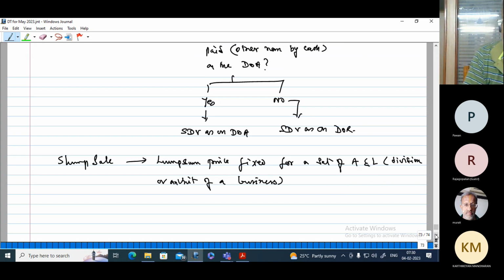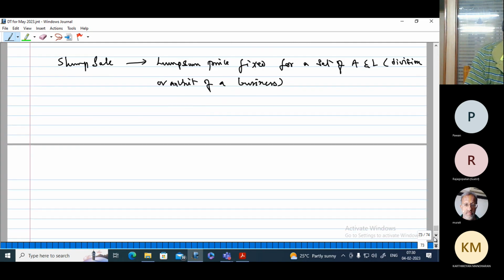How is this likely to happen? Let me give you an example. Say a company which is into the IT field has a hardware division and a software division, and they have decided to offload the software division to some other company for a variety of reasons. What do I mean by a variety of reasons?